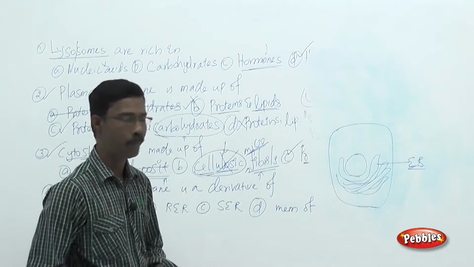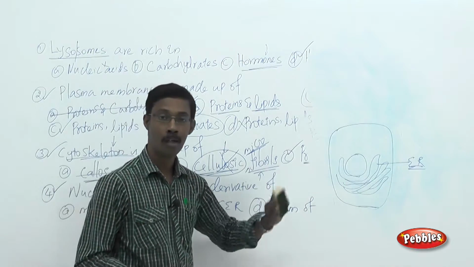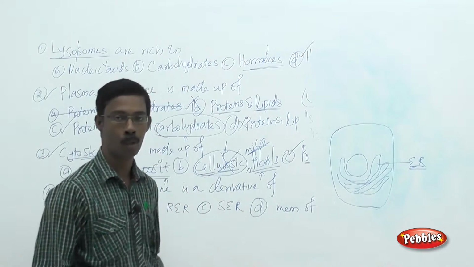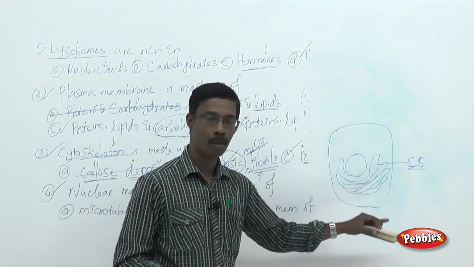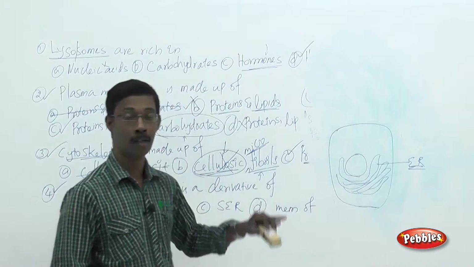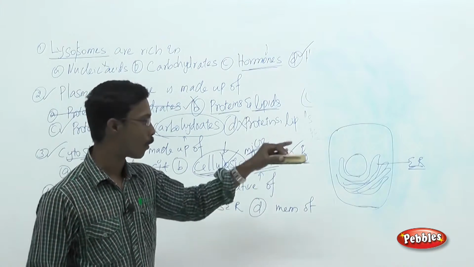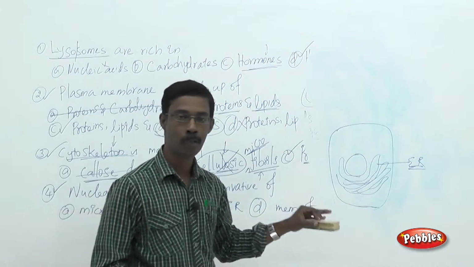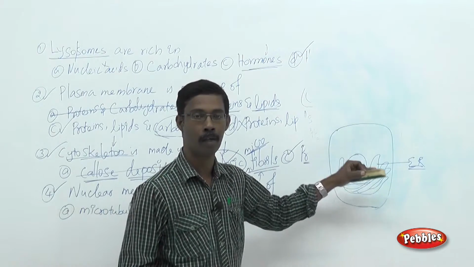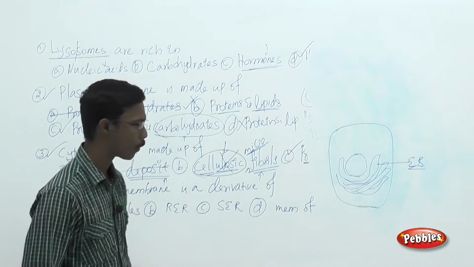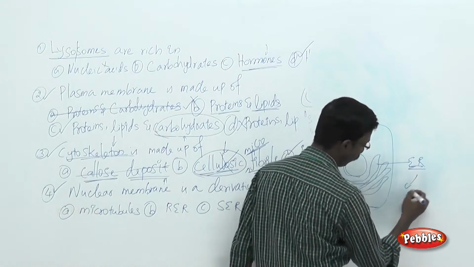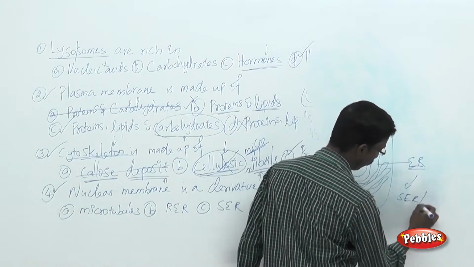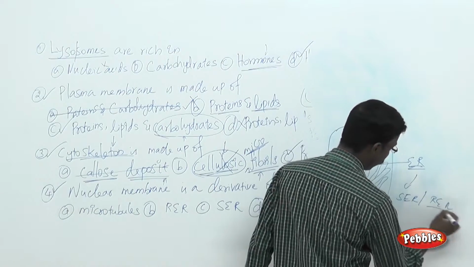As I told you in the previous classes, there are two types of endoplasmic reticulum, smooth endoplasmic reticulum and rough endoplasmic reticulum. The smooth endoplasmic reticulum is closer to the Golgi apparatus, farther away from the nucleus. The rough endoplasmic reticulum is closer to the nuclear membrane, farther away from the Golgi apparatus.